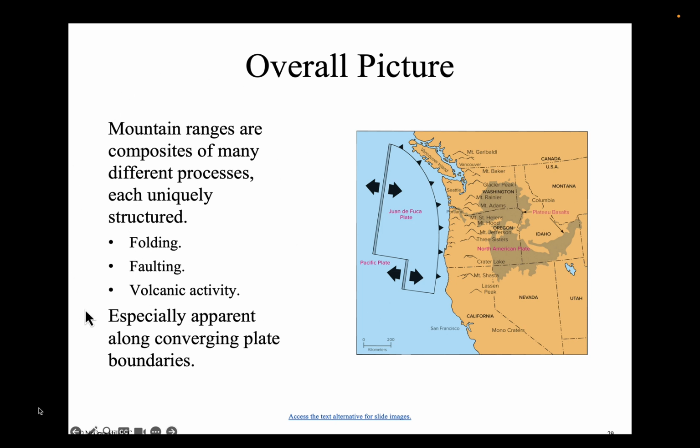Mountains are usually more apparent where the plates meet each other at the boundaries, especially along the converging plate boundaries, where those two plates are finding each other, they are pushing against each other. You're going to have the origin of a new mountain range.